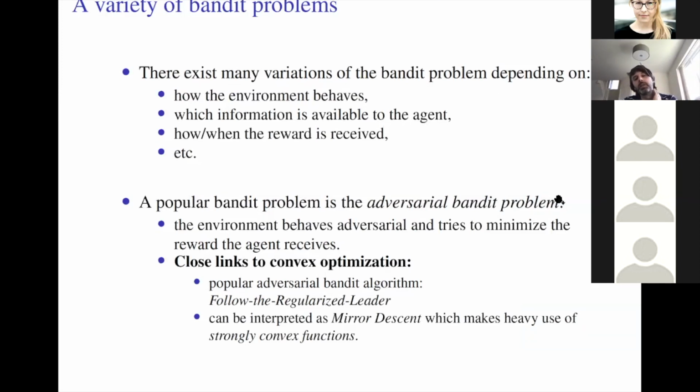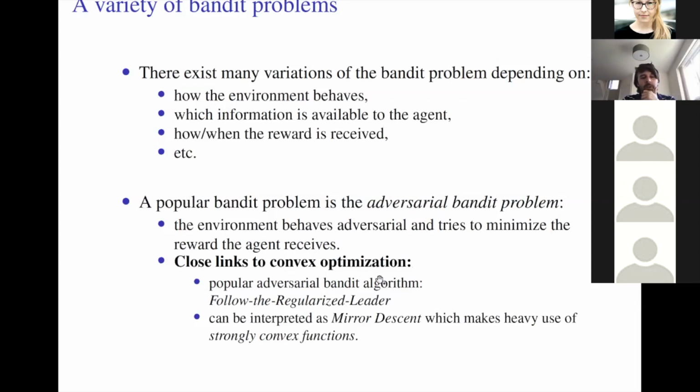The idea here is that the environment behaves adversarially to the user and tries to minimize the reward the agent receives. So it would, I guess, on purpose give you a very badly tasting beer, or try at least to give you a very poor beer. And you as the algorithm or the user would try to still do well against this adversarial environment.